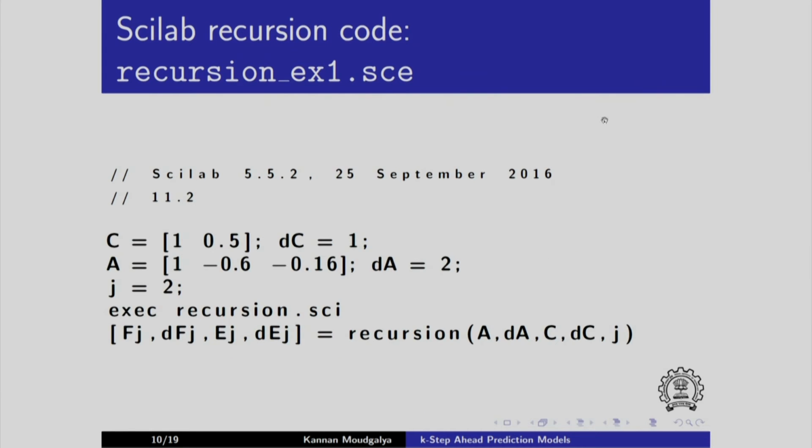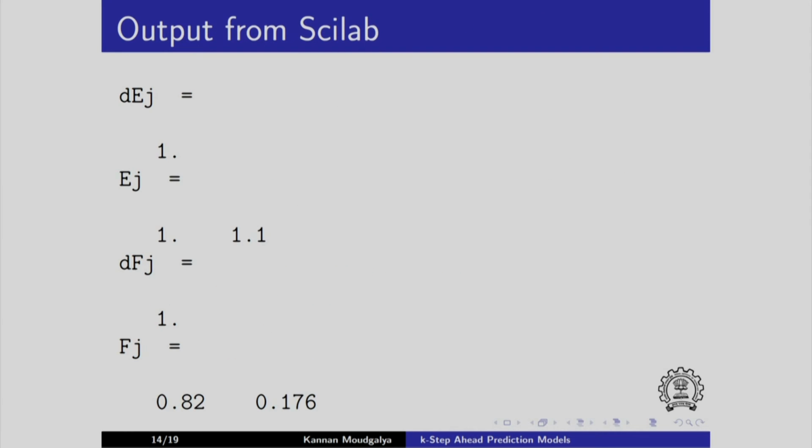Here is the Scilab code given. It is called recursion underscore ex1 dot SCE, and it computes E and F recursively. Okay, it continues here. When I run this, I get the following output from Scilab.